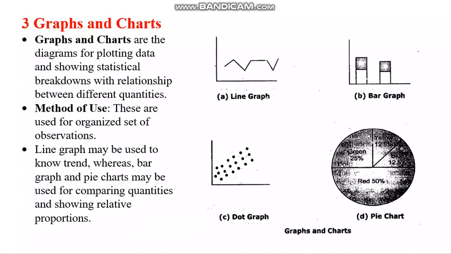There can be line graphs, bar graphs, dot or scattered graphs, and pie graphs or pie charts. Line graphs and scatter or dot graphs show how the trend is. You can get an idea of the trend with these kinds of graphs.